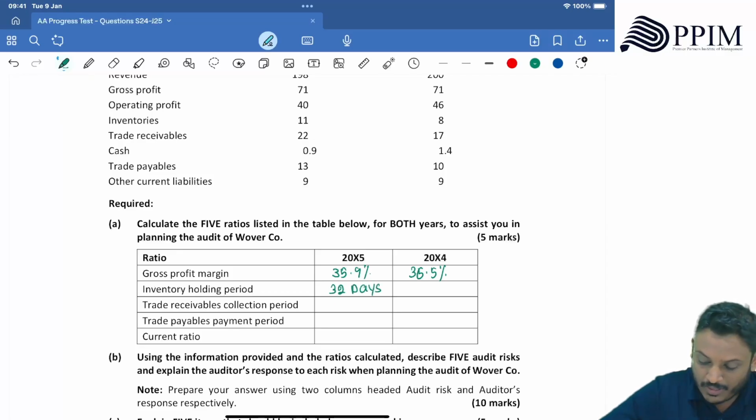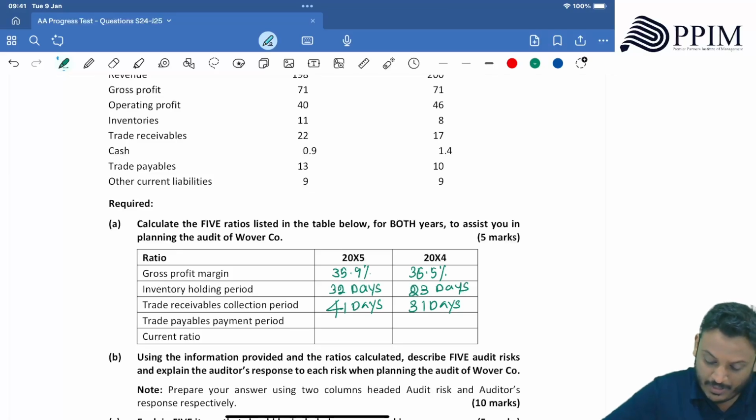Inventory holding period 23 days. Receivable collection period 41 days. Receivable collection period 31 days.